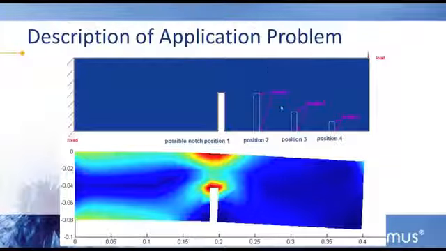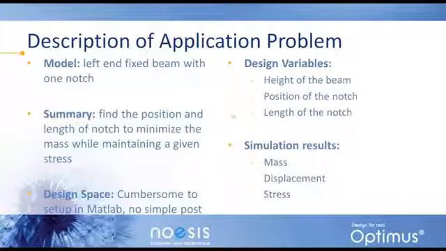One of the parameters, of course, is the height of the beam. And then we also want to spend a little bit of time looking at the position of these notches. And as you can see, we have 4 discrete positions and 3 discrete lengths, or heights, that this notch can be.